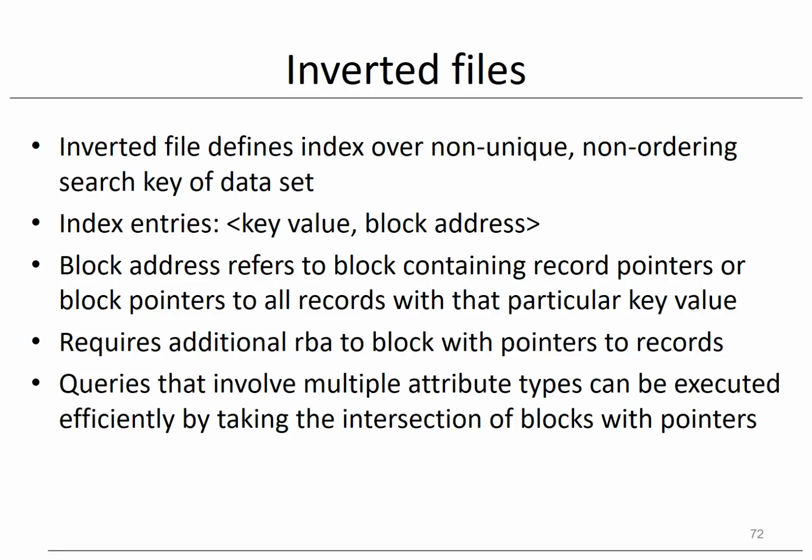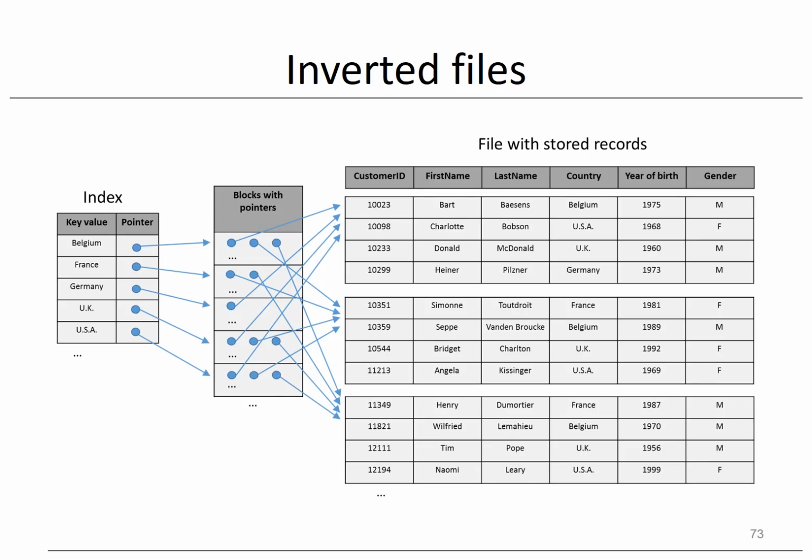This approach requires an additional random block access to the block with pointers to records that correspond to an index entry. However, it allows avoiding the creation of a large, dense index. Also, queries that involve multiple attribute types can be executed efficiently by taking the intersection of the blocks with pointers corresponding to an individual attribute type. This is illustrated here.